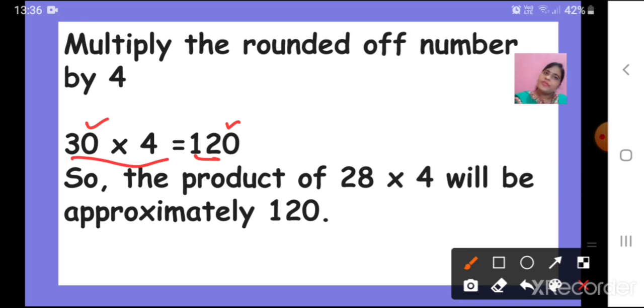So we got the answer. It is our estimated product. So the product of 28 multiplied by 4 will be approximately 120. This is our estimated product. Children, you are going to write all the statements also properly, one below the other.